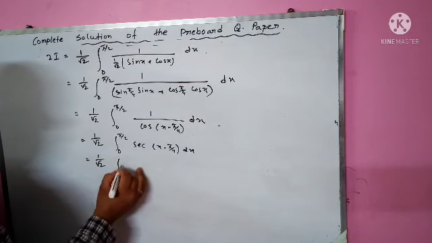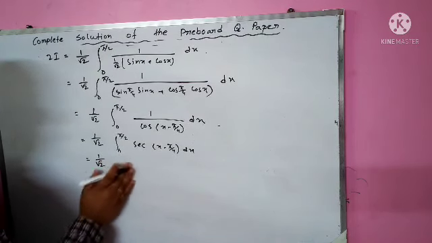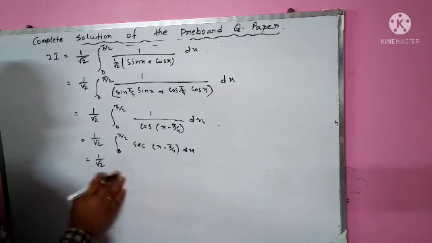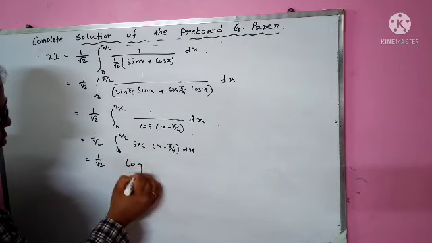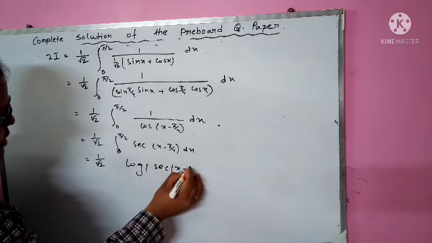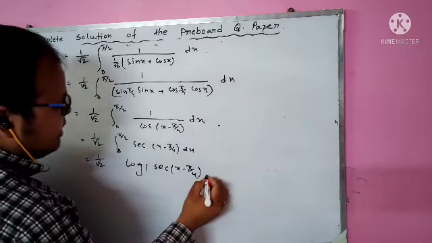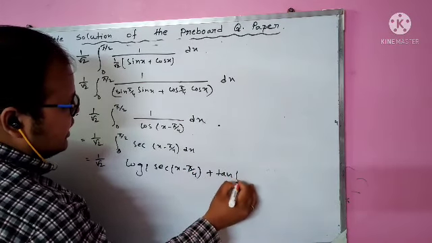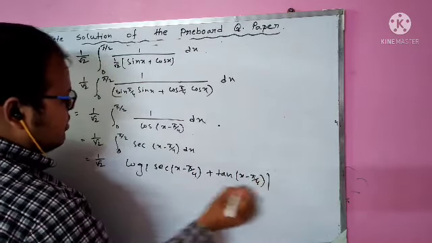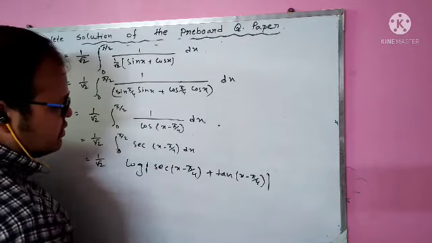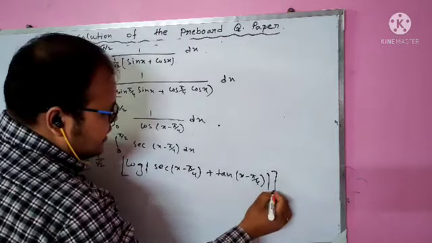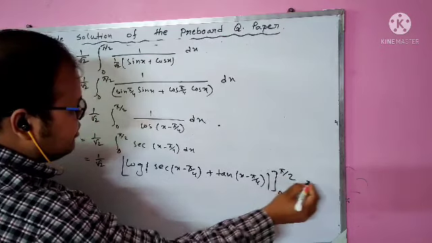And we know how to integrate the sec function. By the way, it is a definite integral. So the integration of the sec function will be log mod of sec x plus tan x; in our case, x is x minus pi by 4. The modulus sign is there, and no constant c will be there, as it is a definite integral. So the limits will be there.